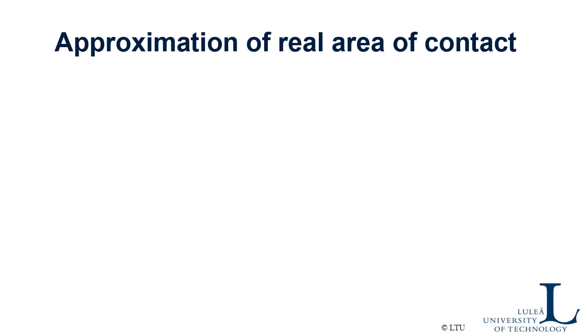This knowledge that the contact pressure is limited to the hardness of the surface is very useful. In tribology, we normally say that the contact pressure can't be higher than the hardness number, the H number here. Even if that's not perfectly true, it's a very good approximation, and we can use that to approximate the real area of contact of a rough surface in contact with another surface.